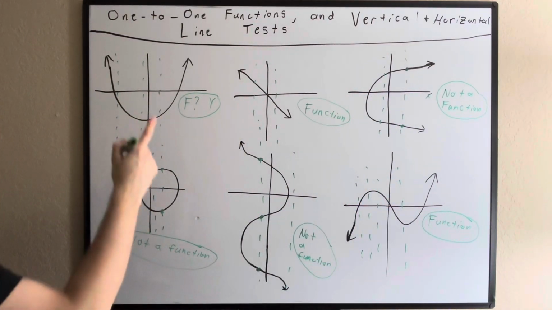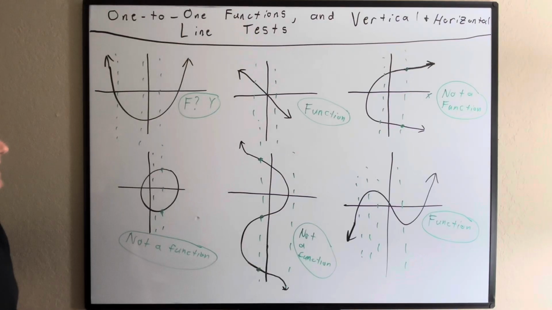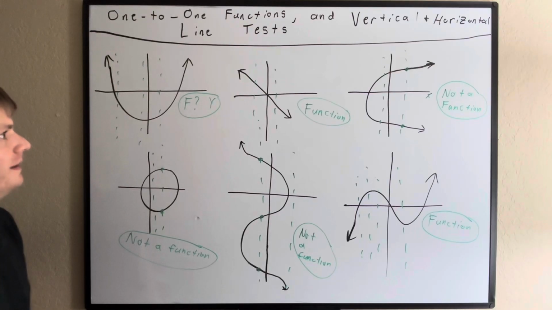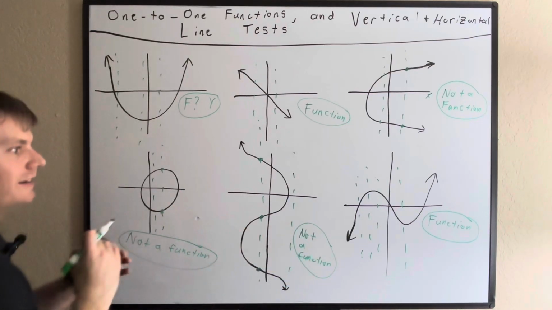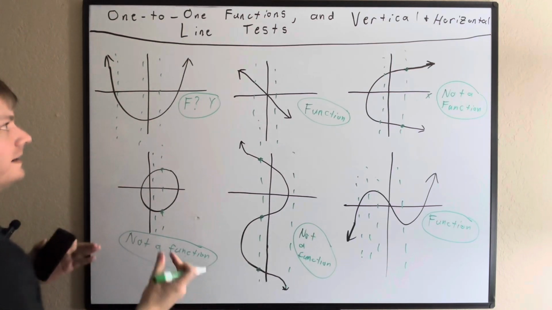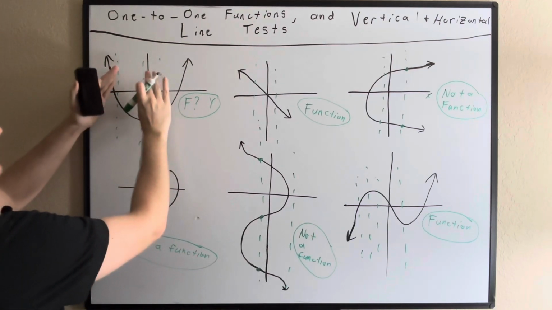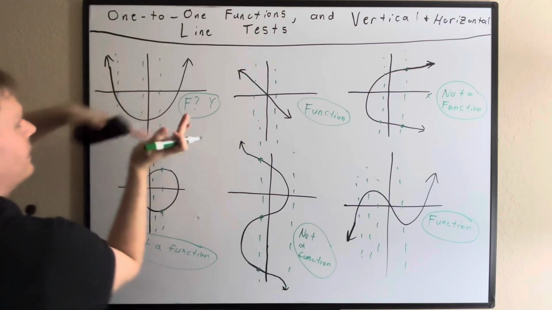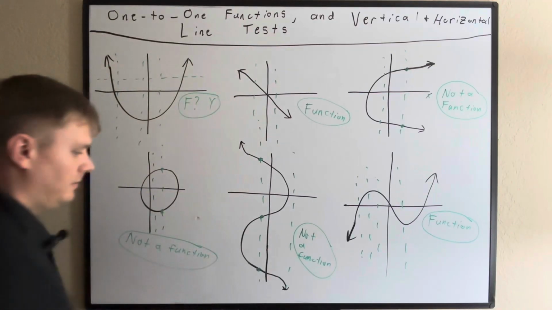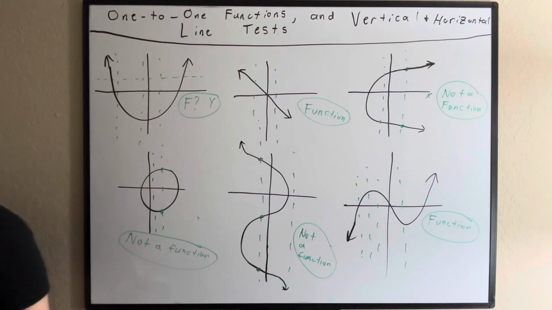All right, now what about one-to-one? How can we tell if a graph is one-to-one just by looking at it? Well, this is where the horizontal line test comes in, because it's kind of the reciprocal of the vertical line test. We're just kind of switching it to this way. If we have two different outputs now, let me just get a different color marker for this.